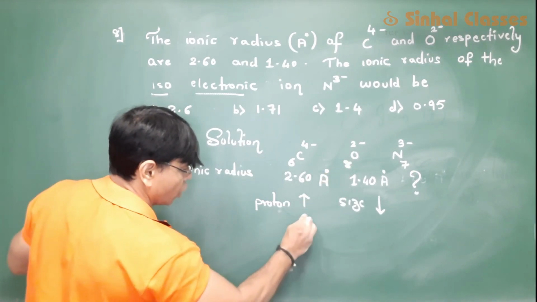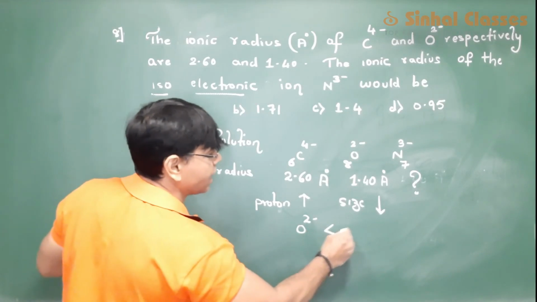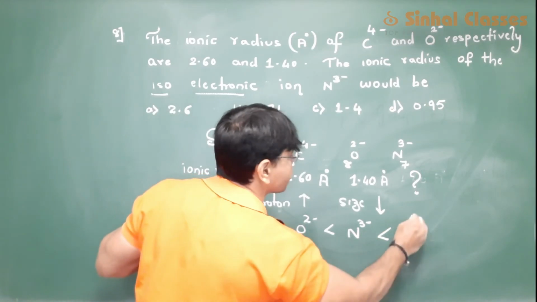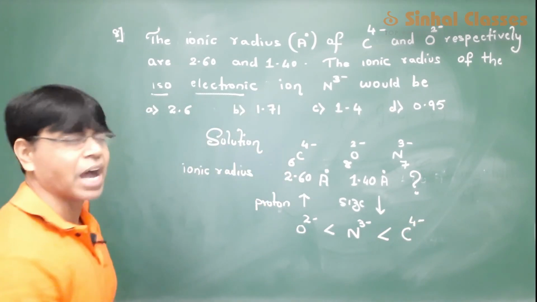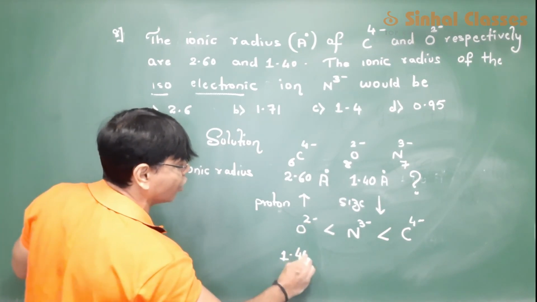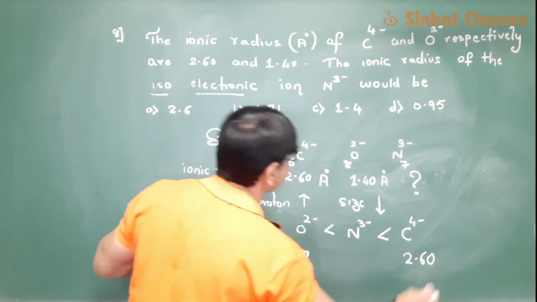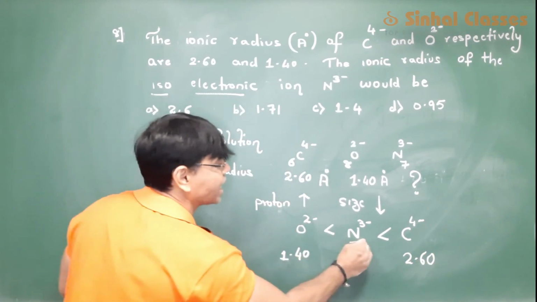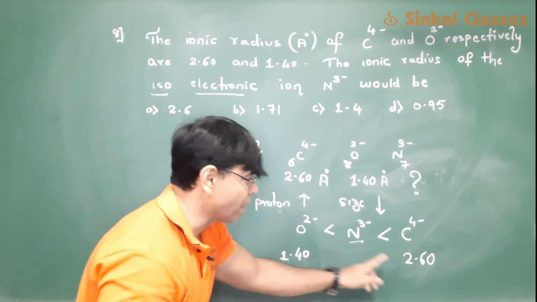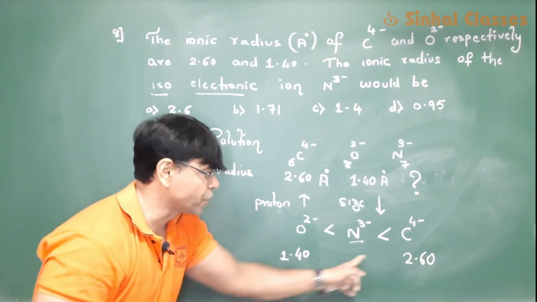That means O2 minus will have the smallest size, then N3 minus, and the largest size will be C4 minus. Now look at it. The radius of oxygen is given as 1.40 and carbon as 2.60. So definitely N3 minus should have an ionic radius lying between these two.